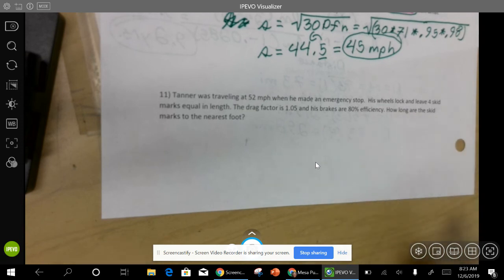Okay, the next one. Tanner was traveling and he made an emergency stop, and we need to solve for the distance.